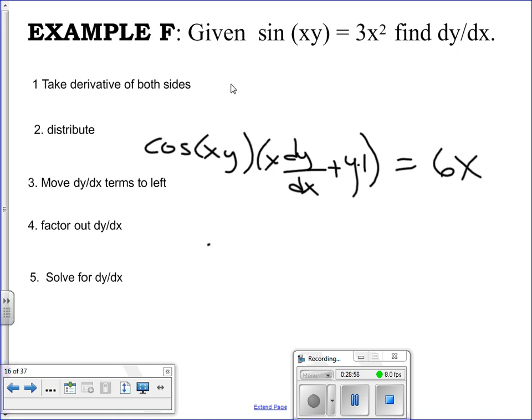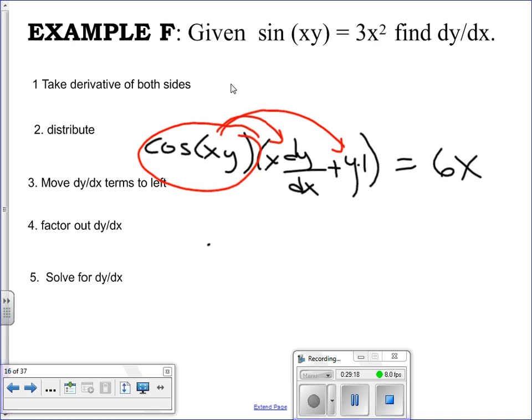Now, when you move things, you're subtracting or adding. You can't do that until you multiply. We can't just subtract this, because we have to multiply first. You need to distribute first. This doesn't happen often. It only happens when y is inside.